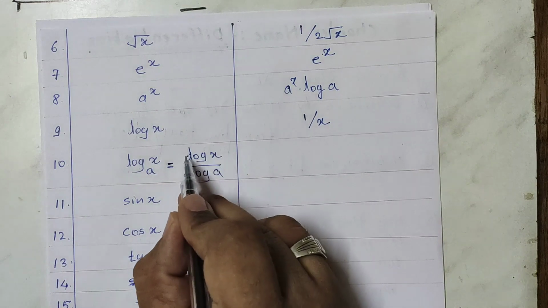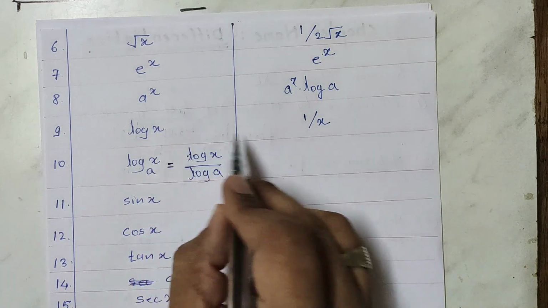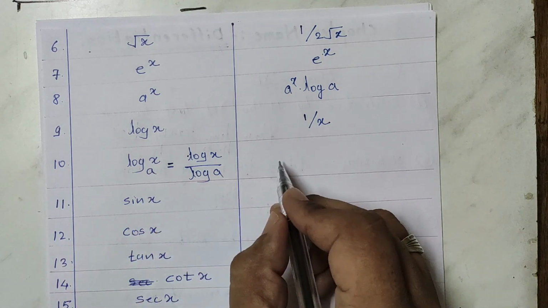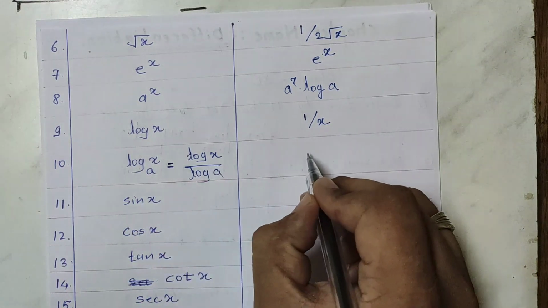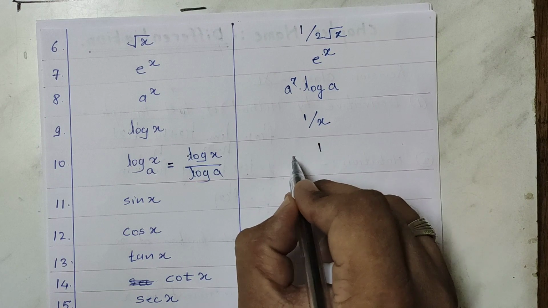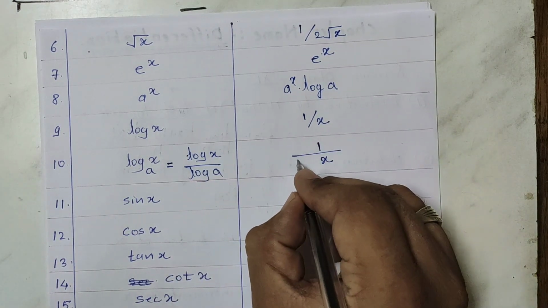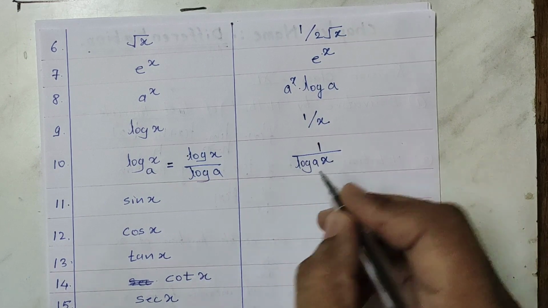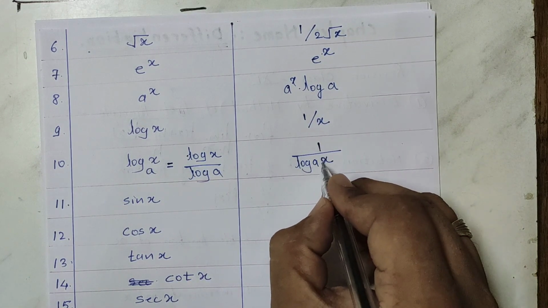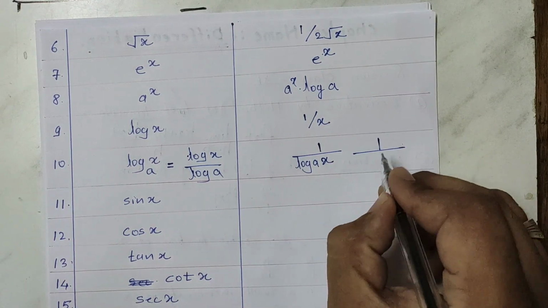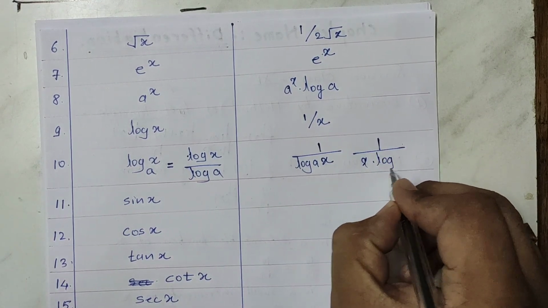We only have to find the log x derivative, which is 1 upon x. So you can write 1 upon log a into x. This is also okay, 1 upon x into log a.